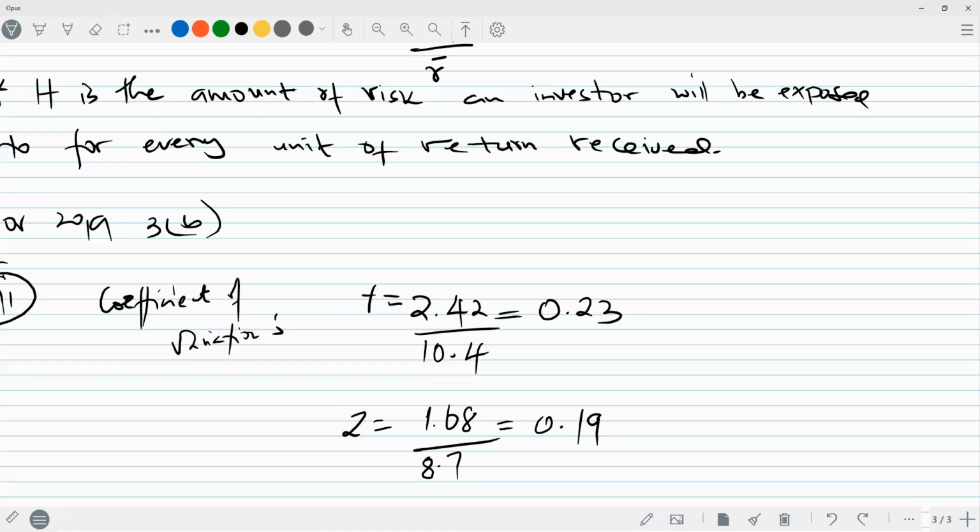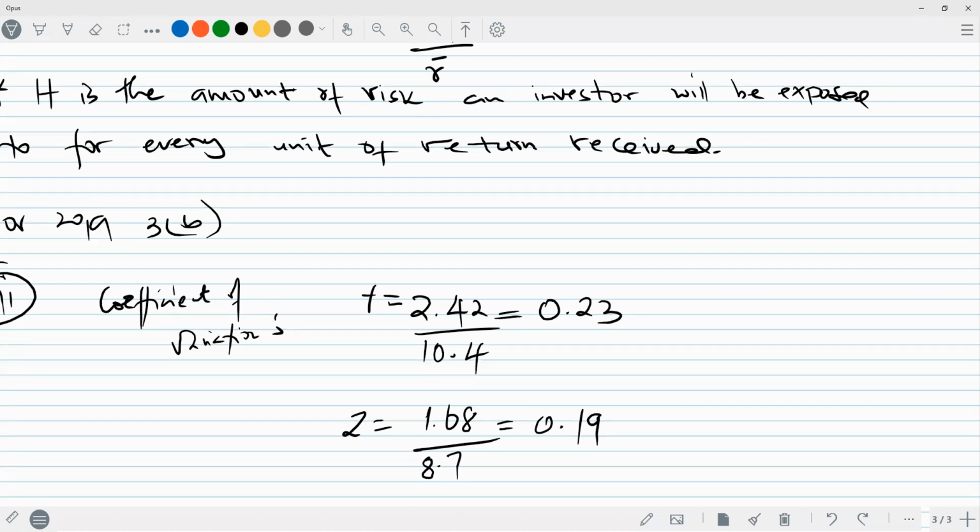Because for the same amount of return, 1%, you have a lower exposure to risk: 0.19 for Z, while Y is higher at 0.23. Clear? That's question 3, 9 marks, and you can see it can be done within a very short time.